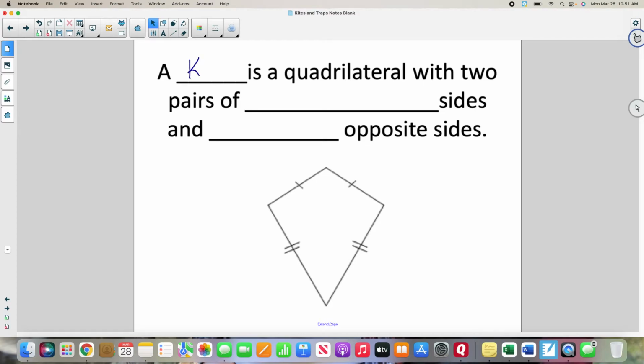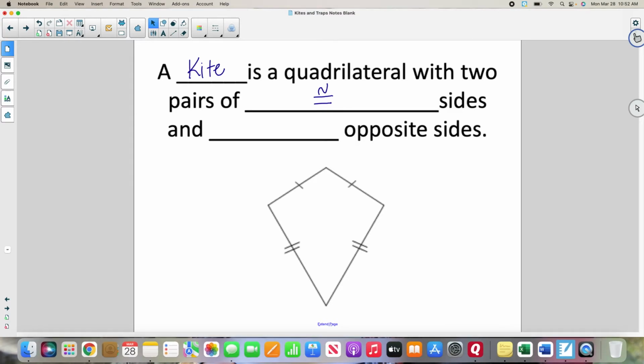A kite is a quadrilateral with two pairs of congruent sides and non-parallel opposite sides.